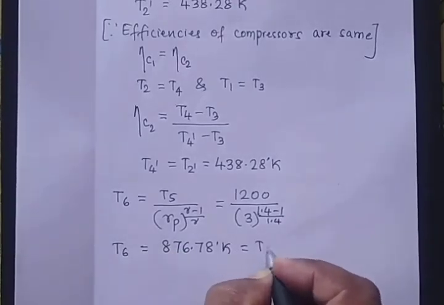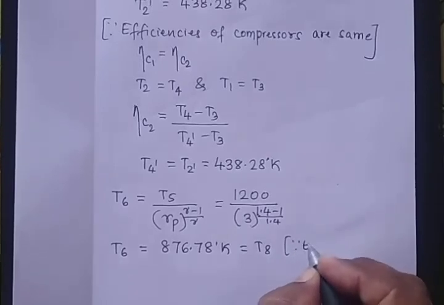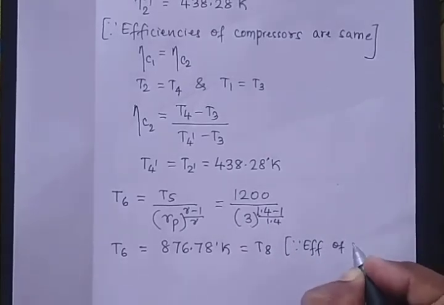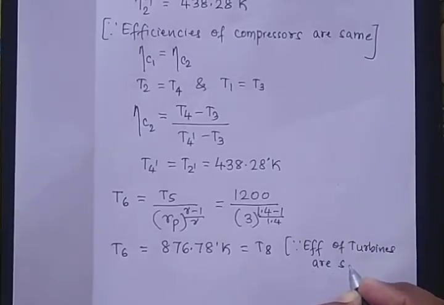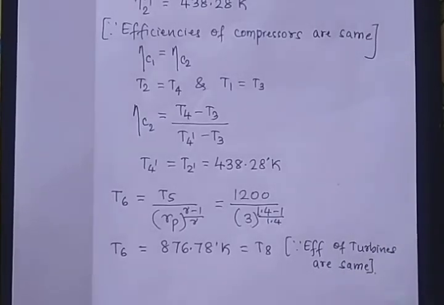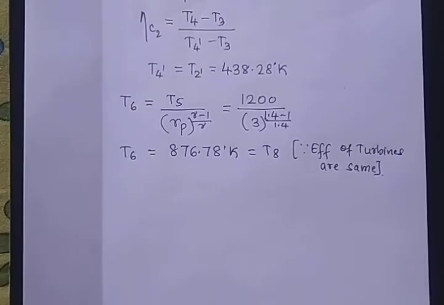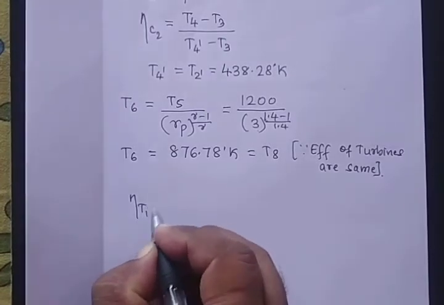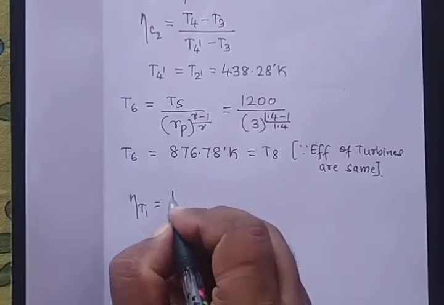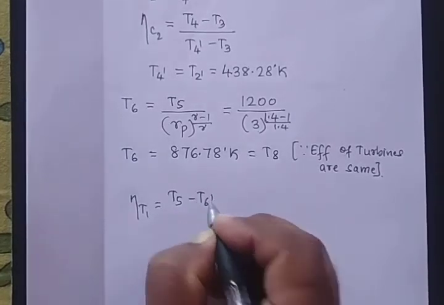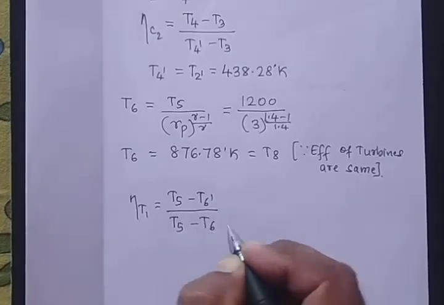So T6 will be same as T8, since efficiencies of turbines are same. So once you find out the value of T6, now I can find out the value of T6 dash, that is efficiency of turbine 1 equal to actual work done, that is T5 minus T6 dash divided by ideal work done by the turbine, that is T5 minus T6.